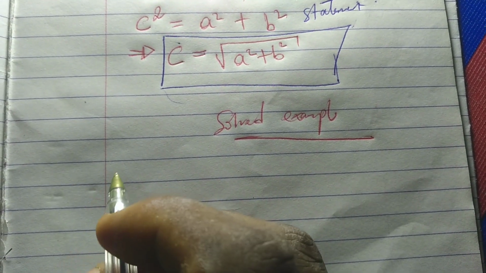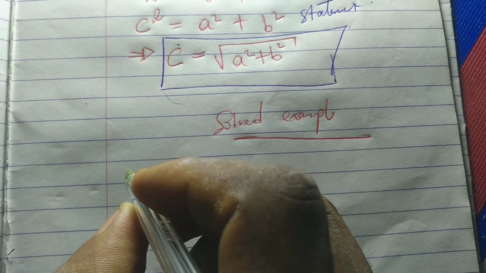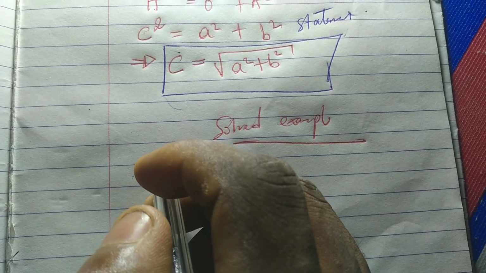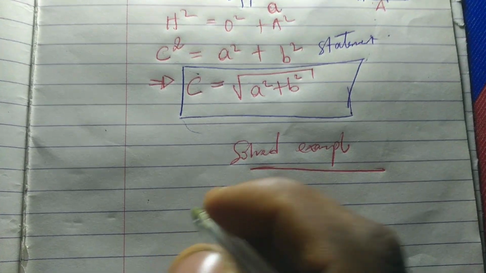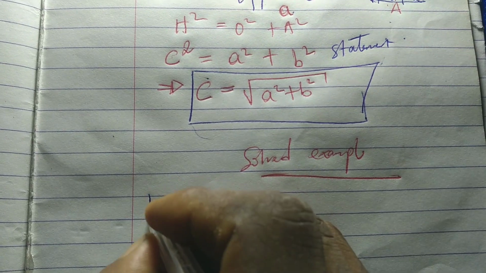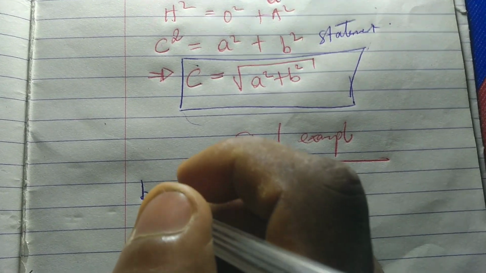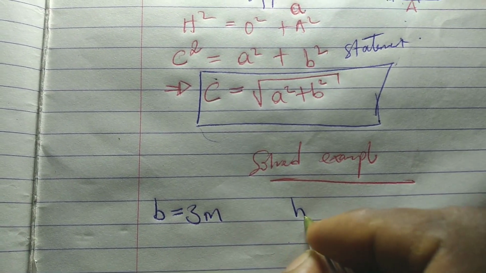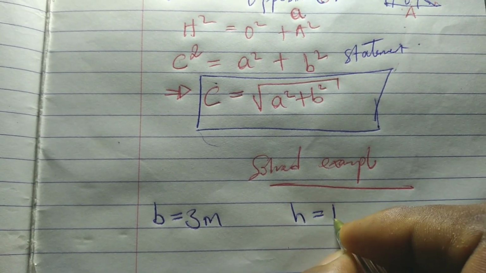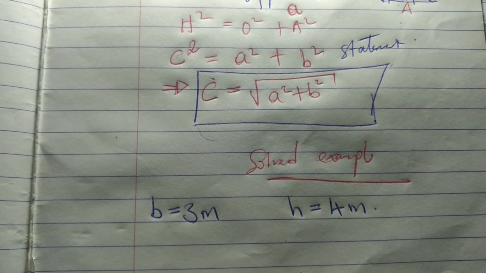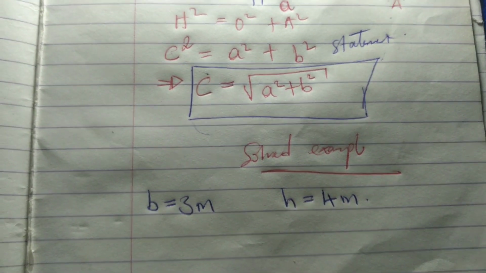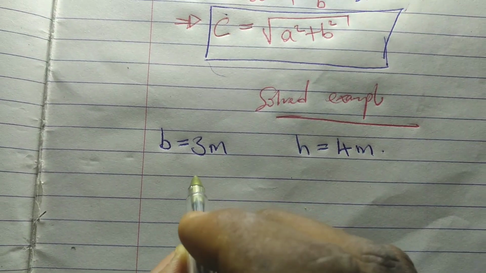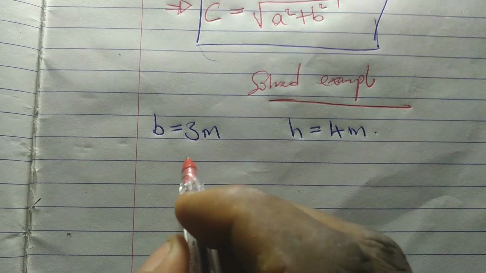The question says, given that the base of a right angle triangle is 3 meters and the height is 4 meters, find the hypotenuse. For us to solve it, we need to start by drawing.